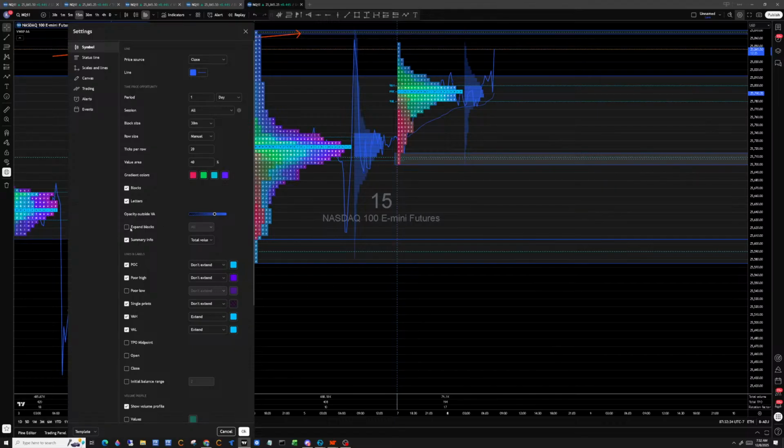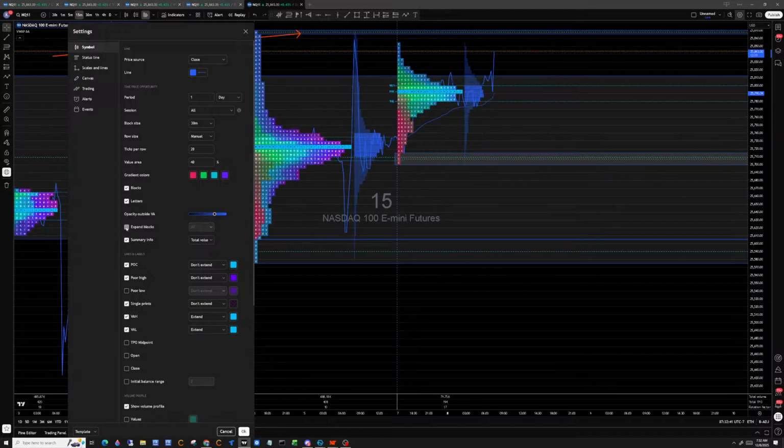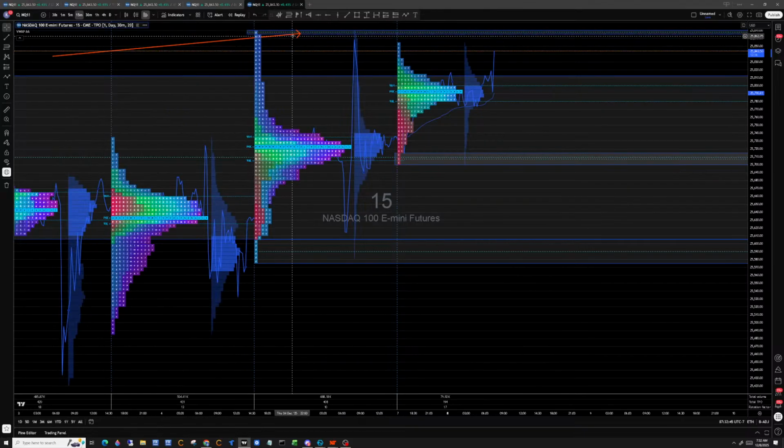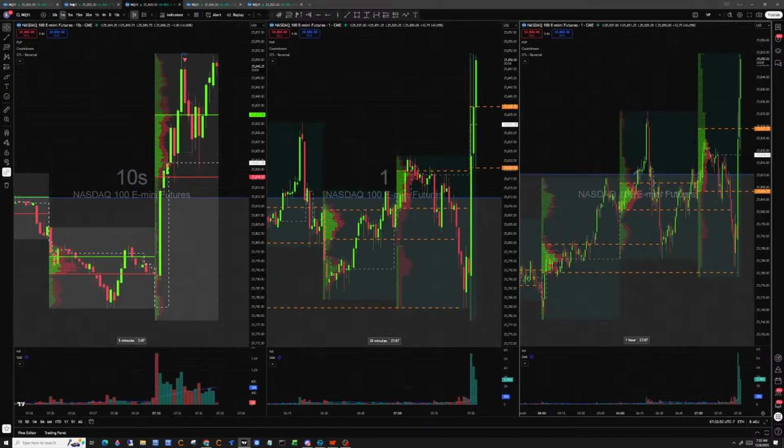This is happening right now, as we speak. These little single prints up here. So I would just keep an eye out at the daily high and at Thursday's high, and that's pretty much what I've got marked up.